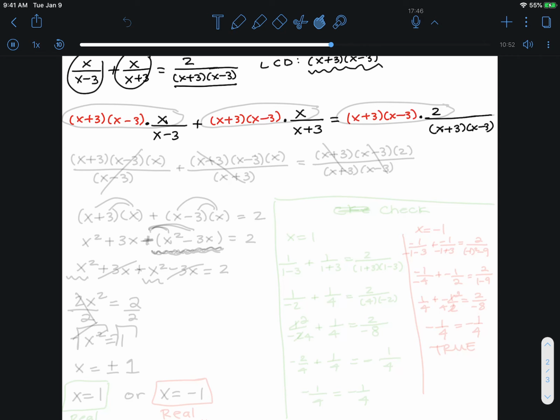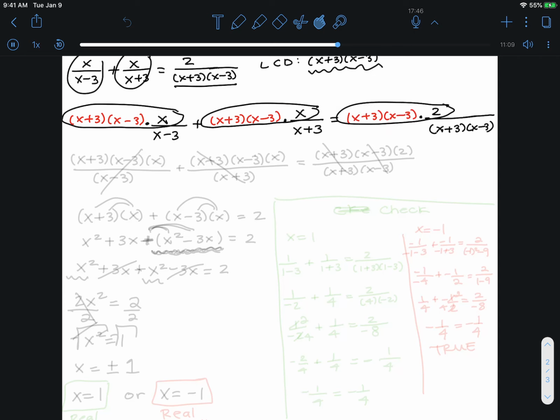Now, don't be afraid about using space, guys. If you feel like you're going to need more space, then obviously get more paper. So now let's go ahead and multiply. Remember, when you're multiplying whole numbers, you just multiply them times your numerator right here.